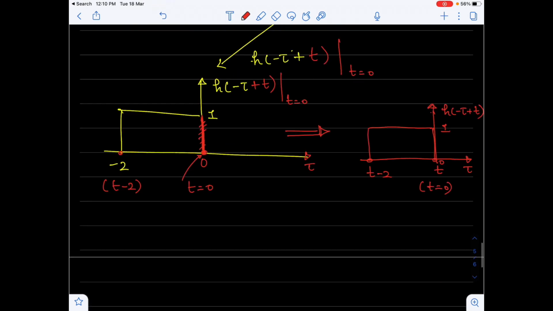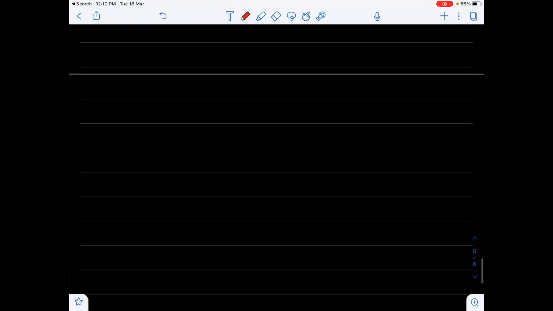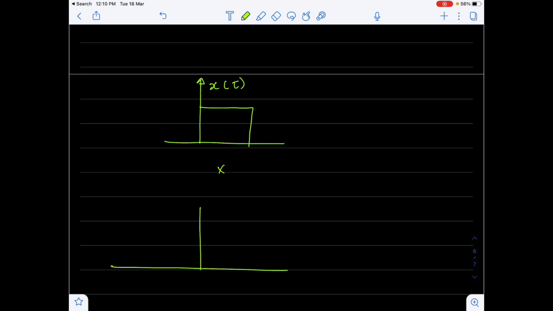So let us see. Before multiplication, I will just redraw the functions again. So this is our x of tau, multiplied with our function, which is here.